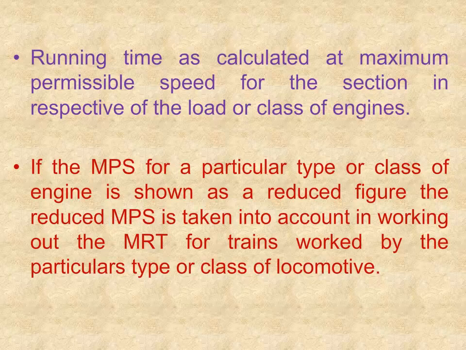If the MPS for a particular type or class of engine is shown as a reduced figure, the reduced MPS is taken into account in working out the MRT, that is minimum running time, for trains worked by the particular type or class of locomotives.